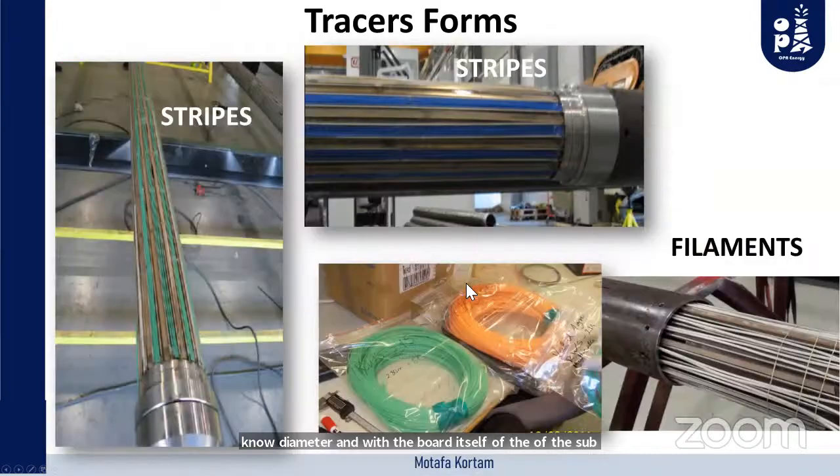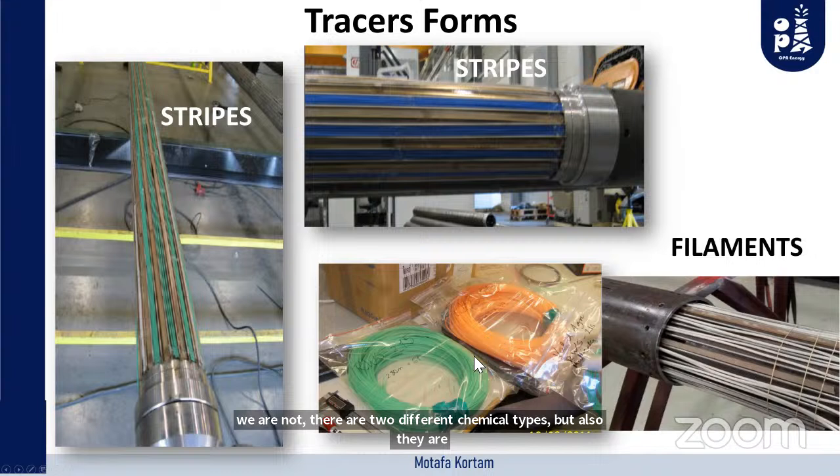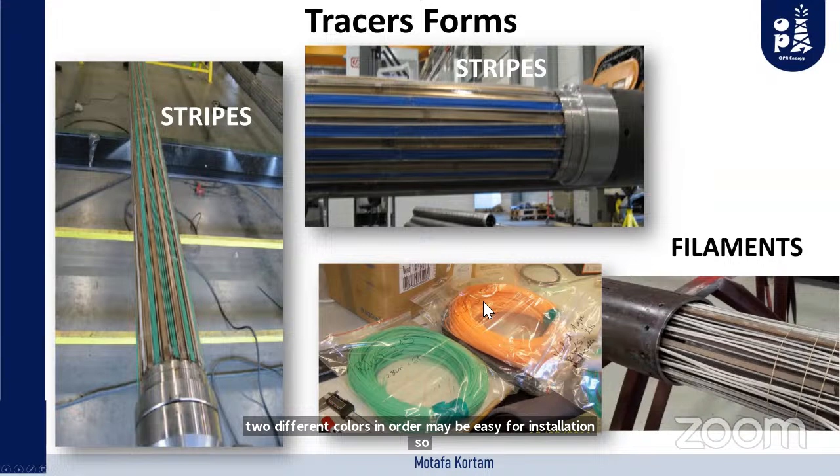Also, this is, for example, a tracer. There are two different chemical types, but they also provide two different colors, maybe to make installation easier. So this is one kind of tracer, and this is another tracer name.